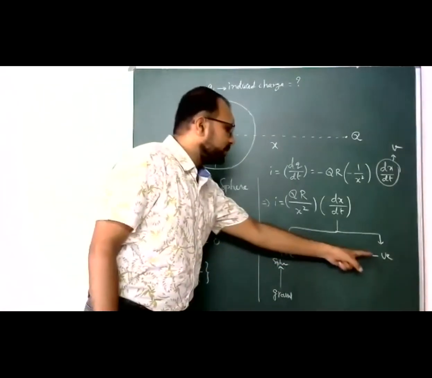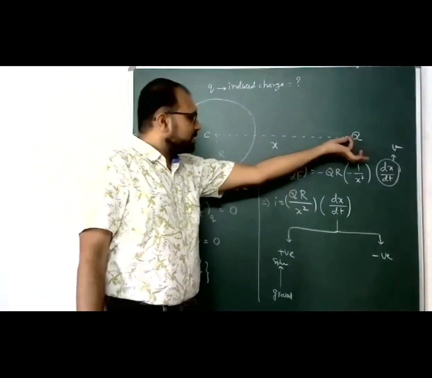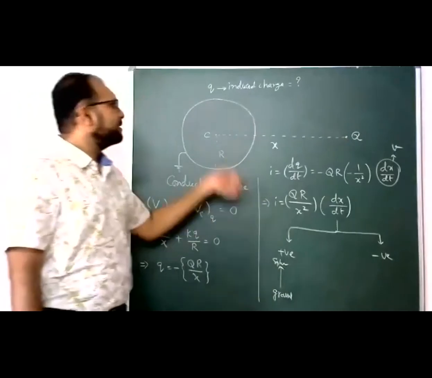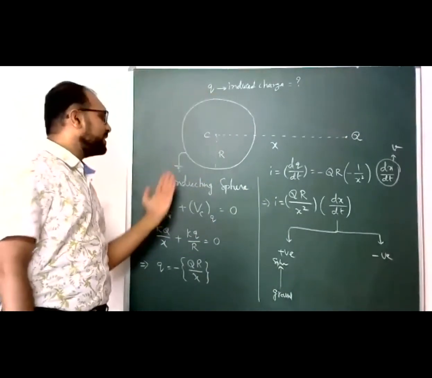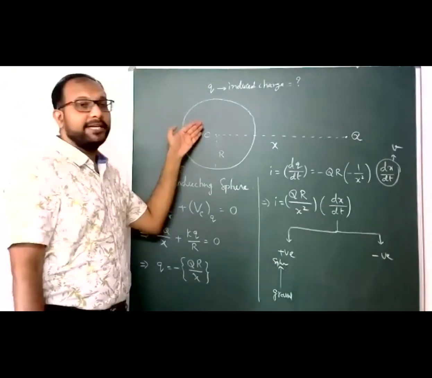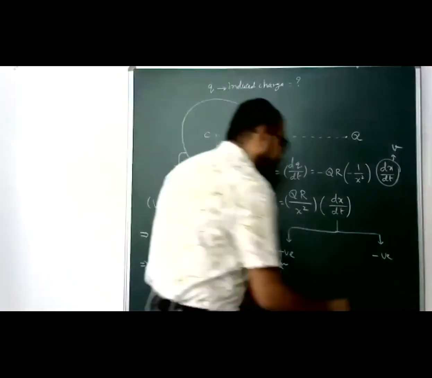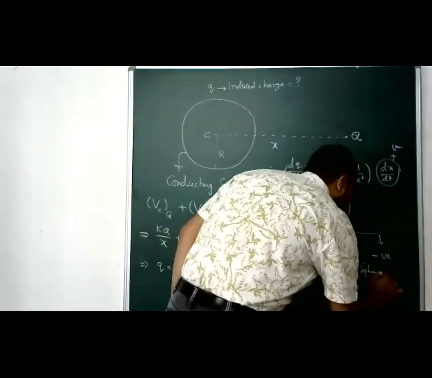Now coming to negative. Negative means this point charge is moving towards the center. Towards the center means the negative charge will increase, so negative charge moves from ground to sphere. That's why the current is opposite, from sphere to ground.